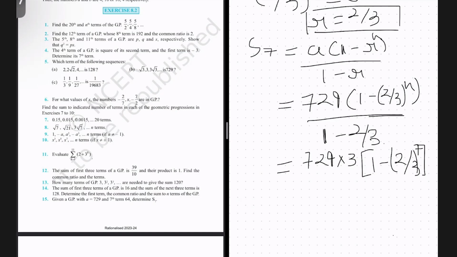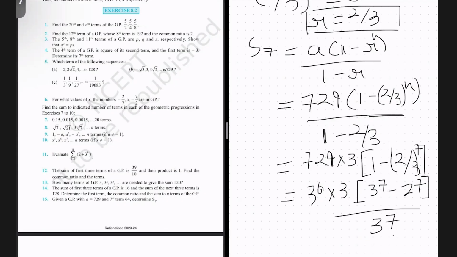Right. So 729 is nothing but 3 power 6. So you can write this as 3 power 6 into 3, and you can write this as (3 power 7 minus 2 power 7) divided by 3 power 7, right?